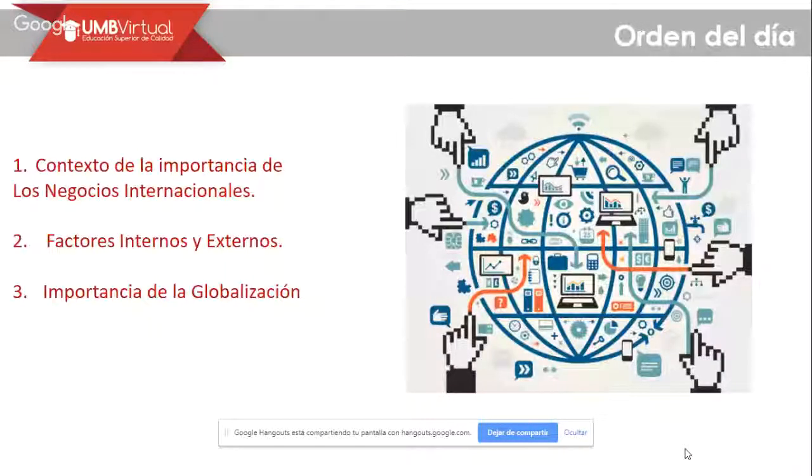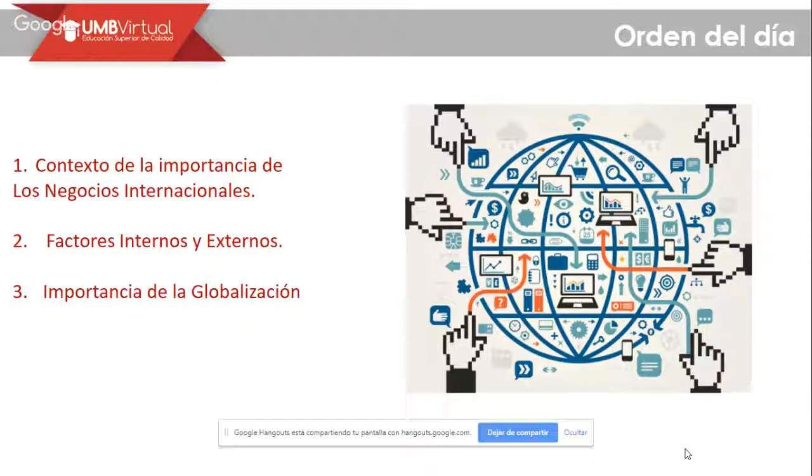So, first, as the order of the day exposes, we're going to learn about the context of the importance of international business. We're going to then evaluate internal and external factors that influence international business. And lastly, but not leastly, we're going to go into the importance of globalization today.